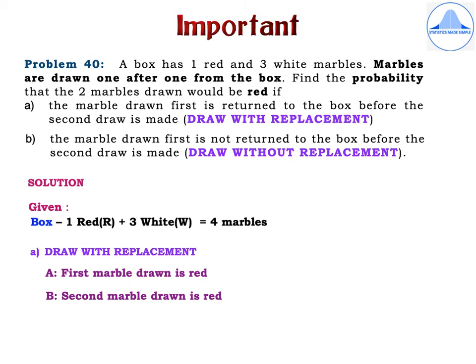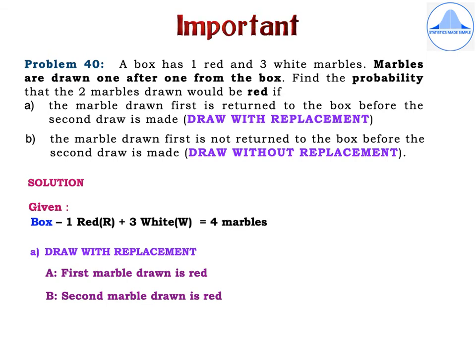Let's start with the solution. First, write given. In the box you have 1 red and 3 white, so the total number of marbles is 4. Let us start with the first subdivision, that is draw with replacement. Now, in the question, they have asked that we should find the probability that the 2 marbles drawn would be red in color.